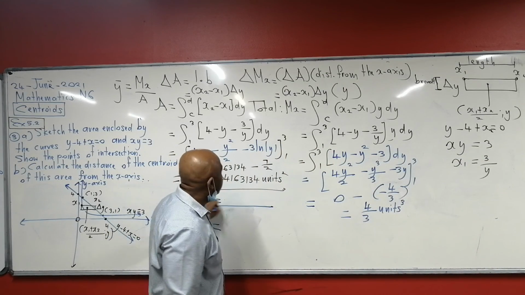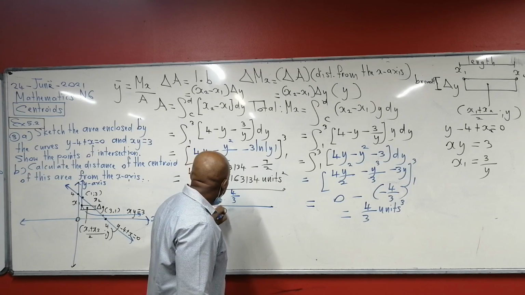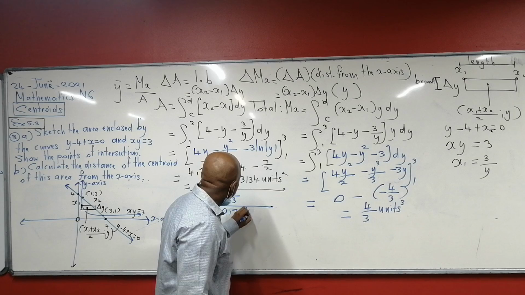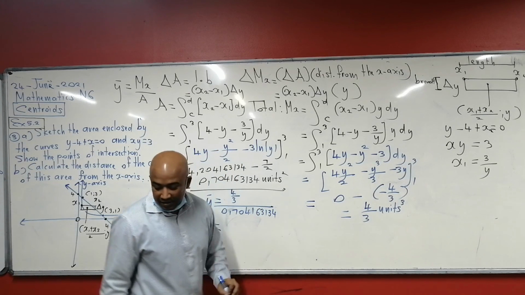Sorry, that's Mx over A. So that's going to be 4 over 3 divided by 0.7041633134.